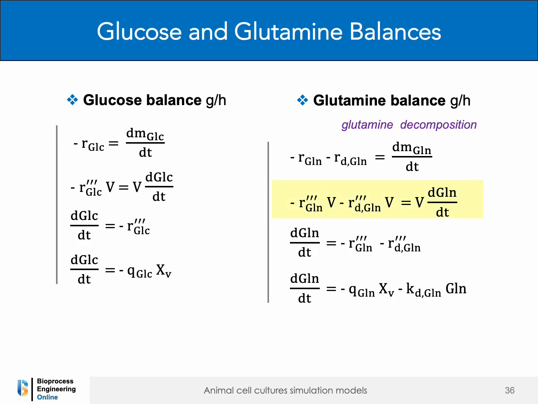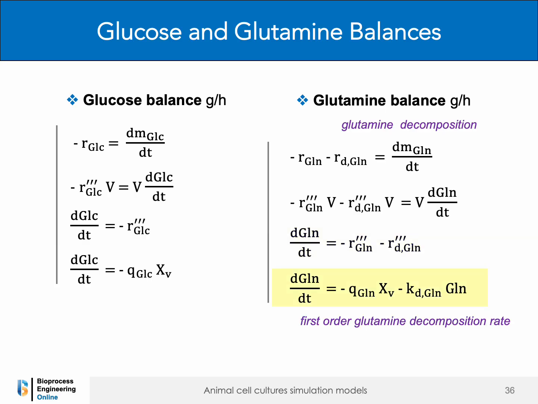Introducing the culture volume, V, and the corresponding volumetric rate, the balance becomes minus volumetric glutamine consumption rate, RGLN, third, V, minus RDGLN, third, V, equals V dGLN over dt. Since the culture volume is constant, we obtain dGLN over dt equals minus RGLN, third minus RDGLN, third.